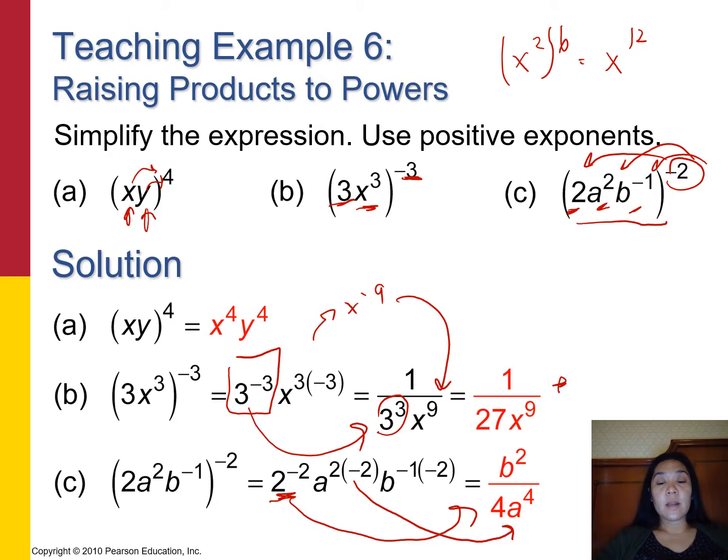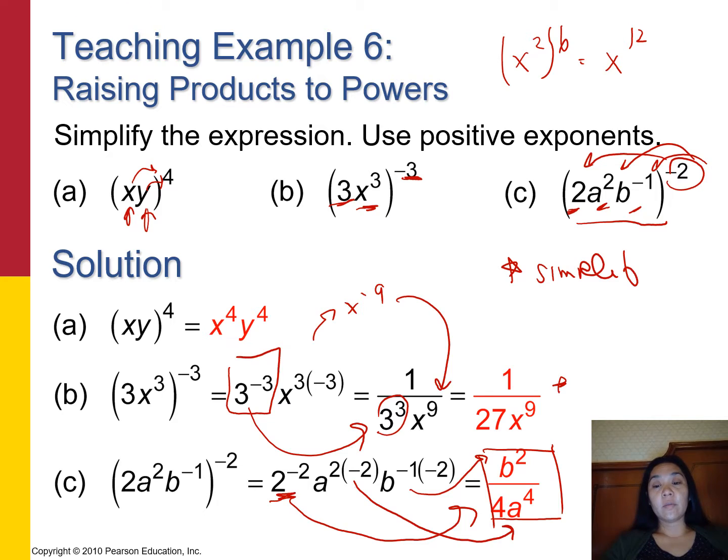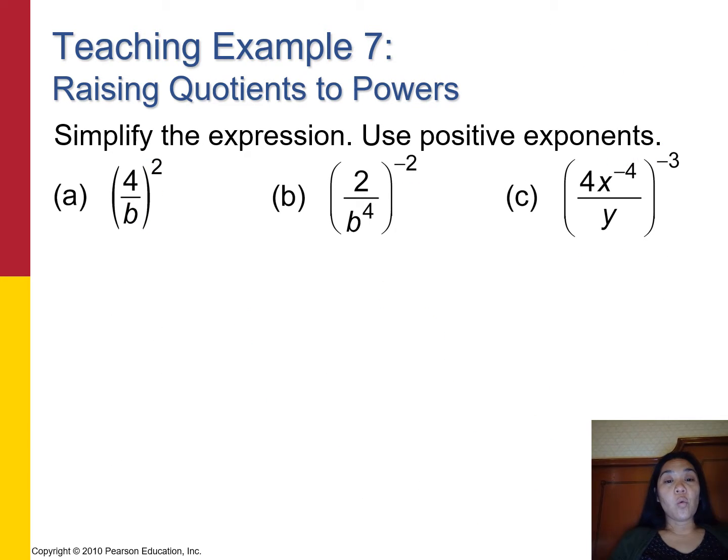And this last one, minus 1 times minus 2, is just b squared, and so that stays on top. This is your most simplified answer. So the key here for all of these problems is you must simplify. Big key here.